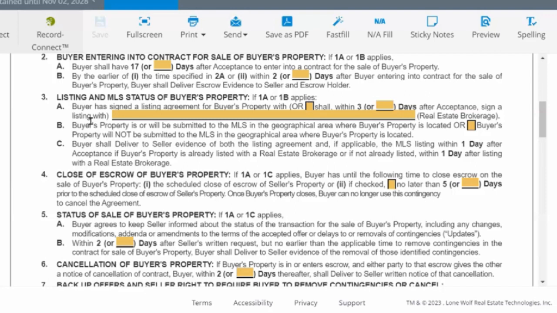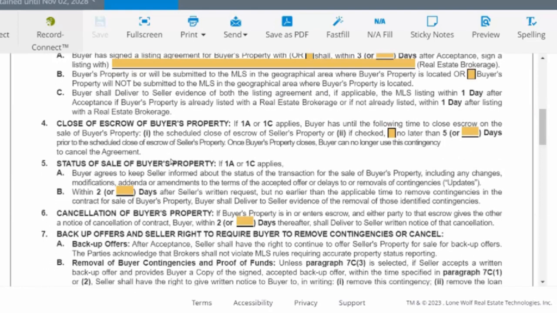Because I don't want to tie my house up with a buyer who's being unrealistic about how much they think they can sell their house for, right? If they haven't even signed a listing agreement yet, or it's not on the market yet, then we don't know what they're going to list it at. But if it's already on the market, then we can say, okay, that seems realistic that they can sell it within the 17 days. So that's where you want to have it already on the market.